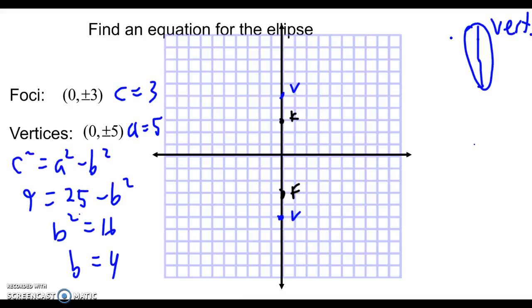So if I go to the right 4 and make a point, and to the left 4 units and make a point, those are my endpoints of the ellipse, so I can actually draw the ellipse. It's beautiful. Looks like a vertical ellipse to me. Those are the focus points inside of there, and I've drawn my graph. And that's really all you have to do, though you could label the ordered pairs. They're already labeled off here to the side for some of those points, and you've got it.